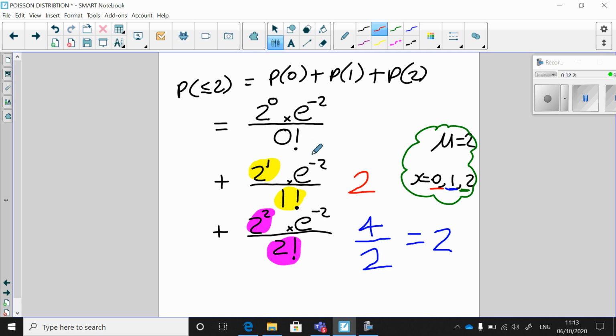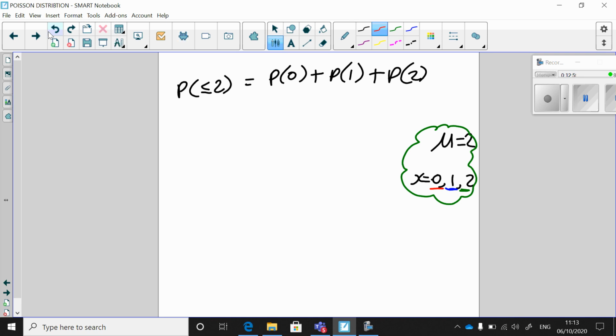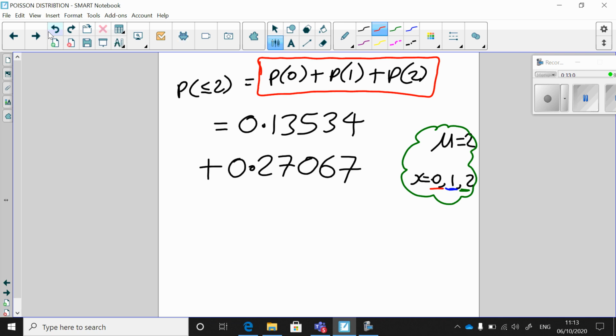And the 2's are multiplying that part, so 2 times e to the negative 2 and 2 times e to the negative 2 will come out as the same answer. It's just in case you thought you'd made a mistake in your calculator. Sorry for doing that to you, but it's good to be aware of these things.